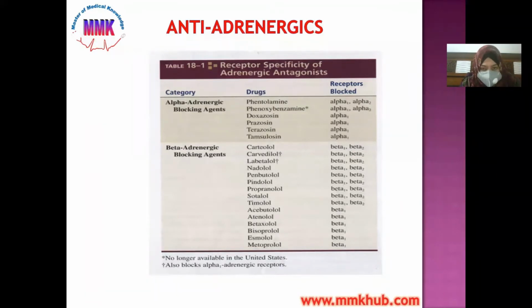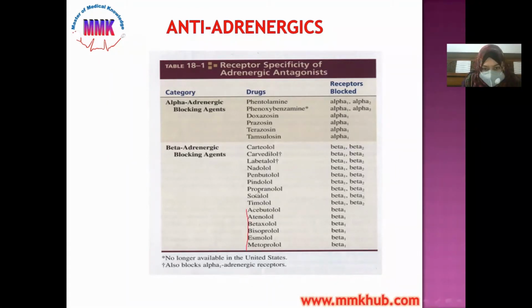All the medicines which start from the letter A to the letter M, except the letter C, are the selective beta blockers. For example, over here you can see all the drugs. Okay, let me just annotate so that you can understand from here.